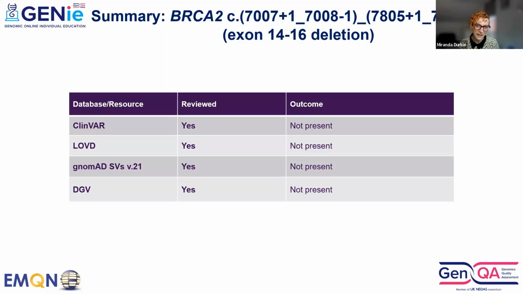I have a massive caveat to add to this slide, as these types of variants can be very hard to look up on these different databases. You can see that the HGVS nomenclature that we've used has the breakpoints between intron 13 and another breakpoint within intron 16.